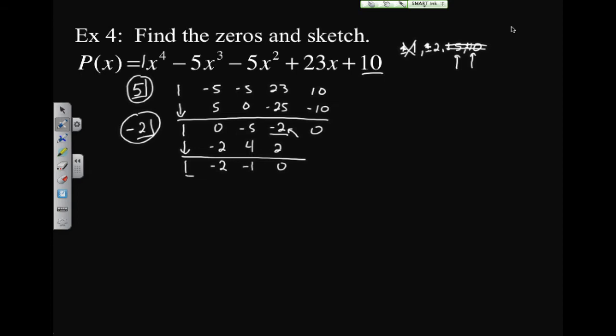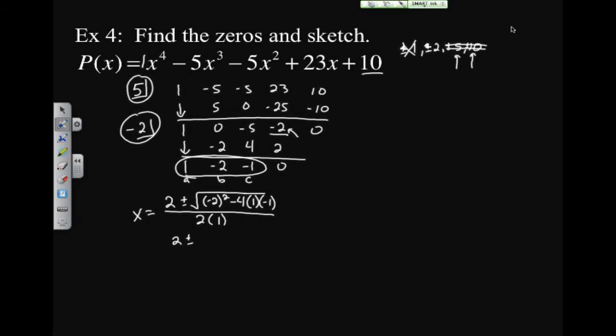This thing right here, that's a quadratic. So we can think of this as A, B, and C. And so we can use the quadratic formula once we're down to a quadratic. So this will be 2 plus or minus -2 squared minus 4 times A times C over 2 times A. And that's 2 plus or minus 4 plus 4.